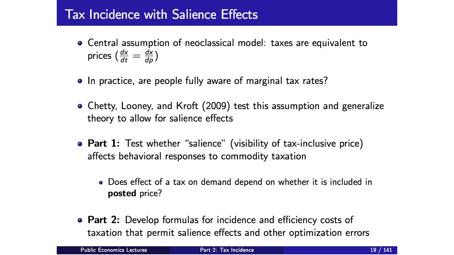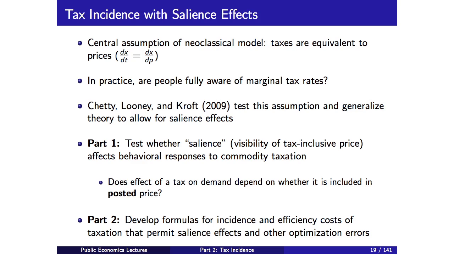And so what we do in this paper I'm going to talk about now, you can see that there's an empirical part and a theoretical part. The theoretical part, tying back to what we were just discussing, is updating the traditional theory of incidence to account for this salience effect, okay? So what we're going to do in this paper is test this assumption.